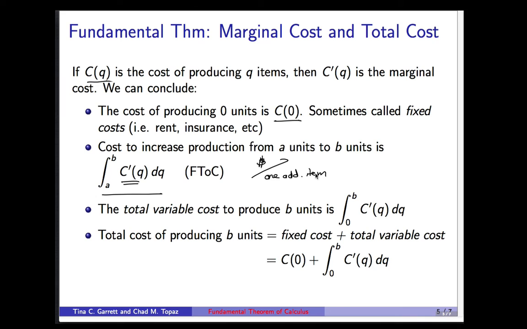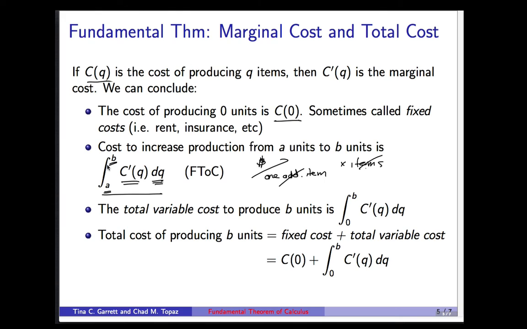So the units are essentially dollars per item. And if you think about the dq, q is the number of items, so that's times however many items. If you look at the units, this is going to tell us how much it costs to go from A units or items to B units. So what's the additional cost of producing those extra units?